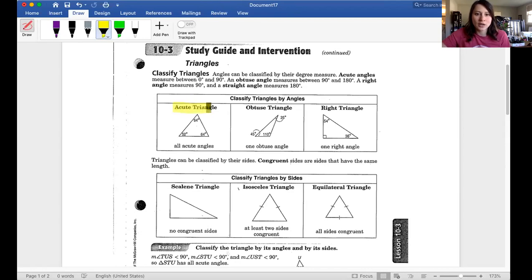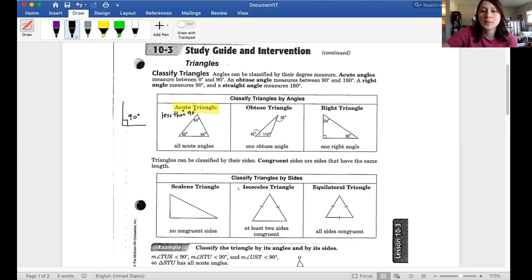And the acute triangle is basically where all the angles of the triangle are between 0 degrees and 90 degrees. So all the angles are less than 90 degrees. Okay, so smaller than a right angle. And so if you see a right angle like this, that's 90 degrees. Okay, it makes two perpendicular lines.